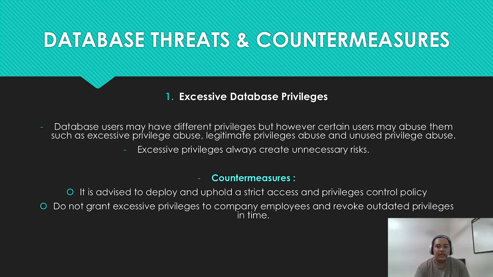It is advised to deploy and uphold a strict access and privilege control policy. They also should not grant excessive privileges to company employees and should revoke outdated privileges in time. They need to give the employees strict access to their database.